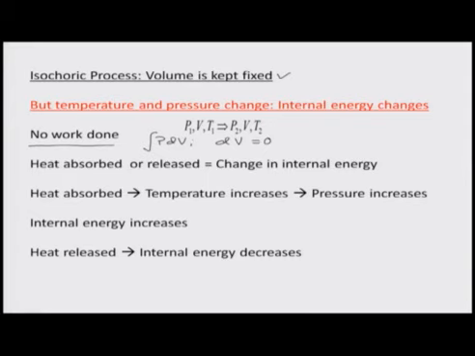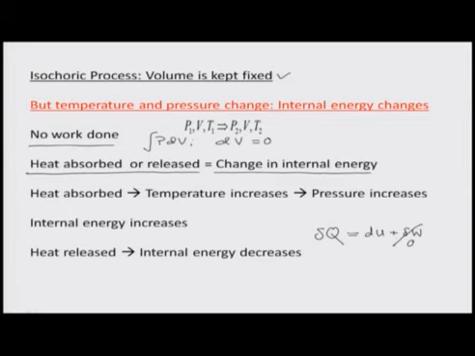So, now I ask the question whether the system absorbs heat or releases it. That will be determined by the change in internal energy. Again, as I told you, recall the first law: delta Q is equal to dU plus delta W. This term is 0 in the present case.